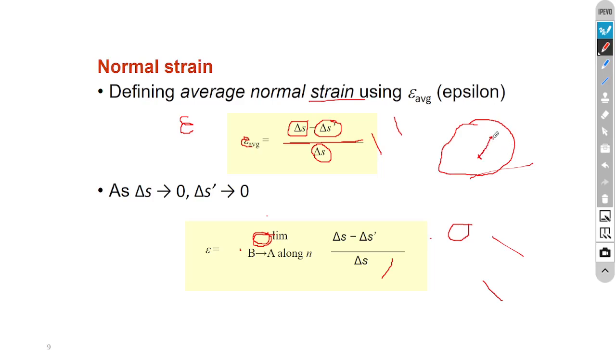Average strain is not so valuable. The valuable quantity is the strain at the point. Taking the distance between them infinitesimally small, we can find the strain at a point. At the point, what is the stress? At the point, what is the strain?